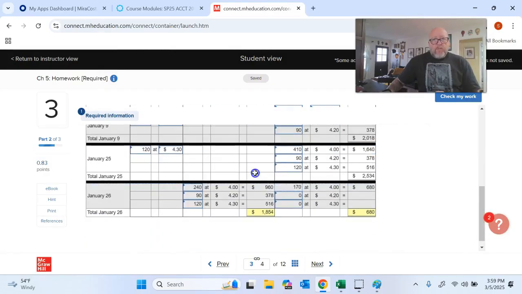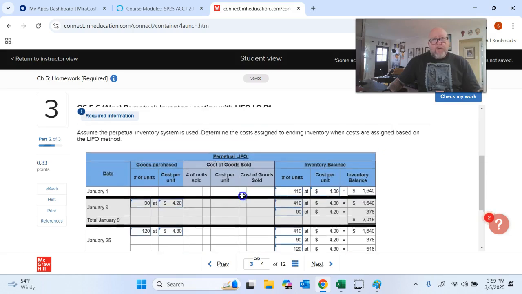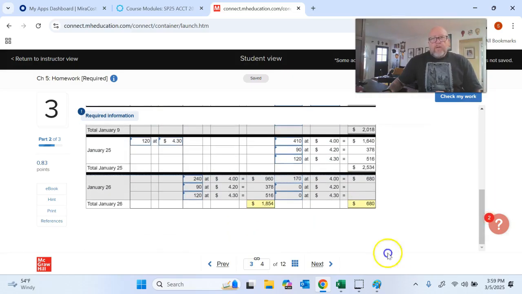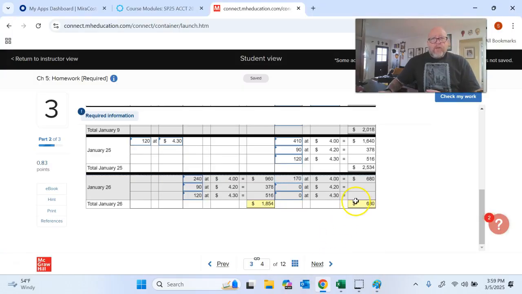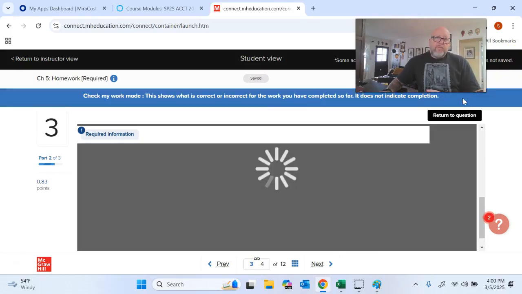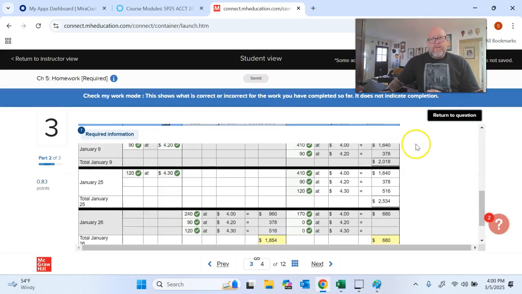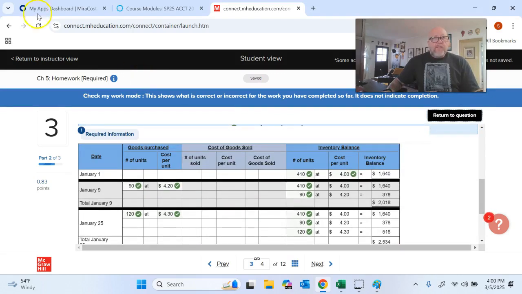The middle columns are where we keep track of the cost of goods sold, I should say. The initial column is where we keep track of purchases. And then this first row up here in our inventory is where we keep track of our beginning balance. So 680 plus 1,854 should get us to 2,534. I think that's a safe check to make sure that we're doing this question right. I'm going to check it. Oh, nice. Very good. Okay, so that's last in, first out.